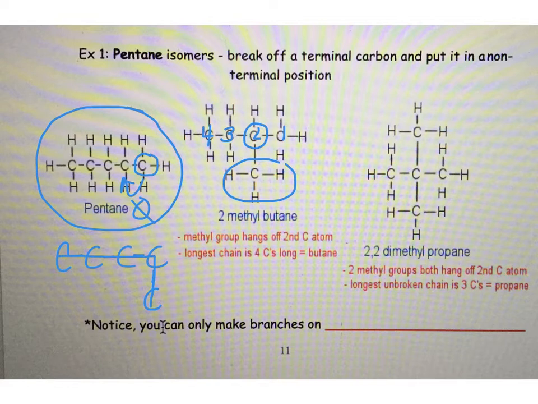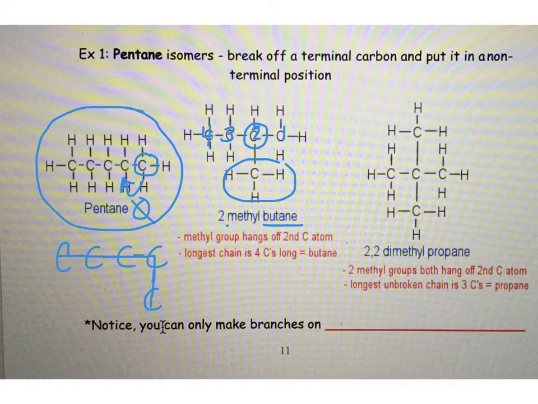This would be on the second carbon. So now my parent chain is only 4 carbons long, and that prefix is but. It's all single bonds, so it ends in ane. And I have 1 C coming off the second carbon, which is a methyl group. I have to give its location, so it's 2-methylbutane.